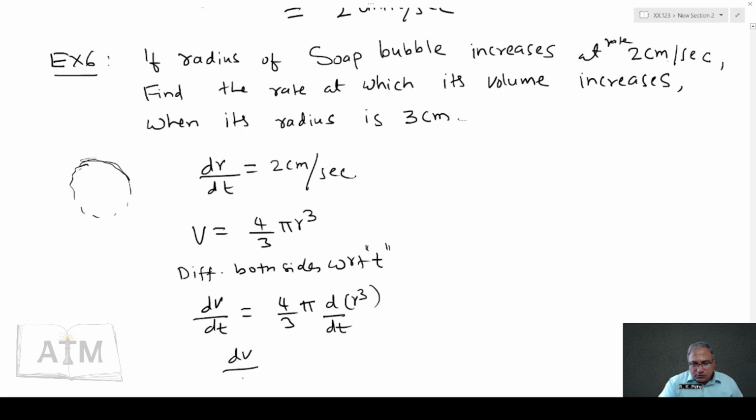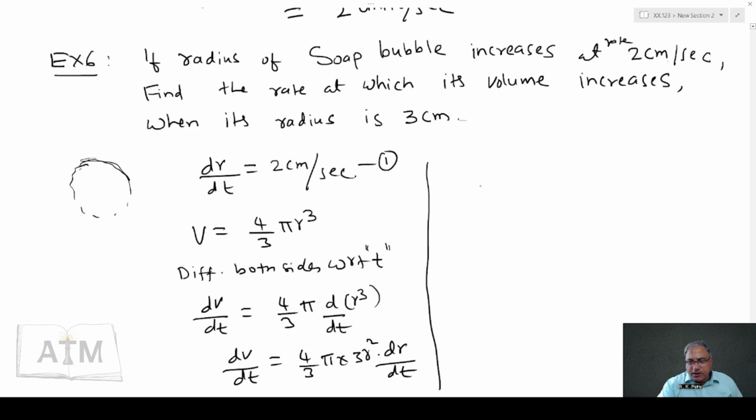So dv by dt equals 4 by 3 pi into 3r square into dr by dt. Now dr by dt is 2 centimeter per second, and the rate of change of volume is dv by dt equals 4 by 3 pi into 3r square into dr by dt.